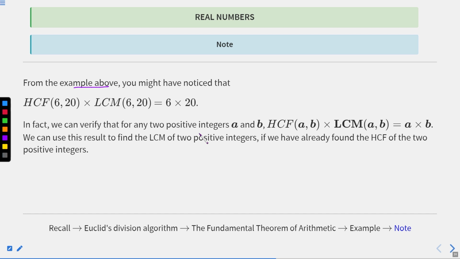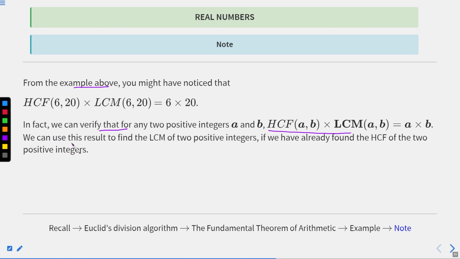In fact, we can verify that for any two positive integers a and b, the HCF of a, b into the LCM of a, b is equal to a into b. So the HCF of a, b into the LCM of a, b is equal to the product of the two numbers.